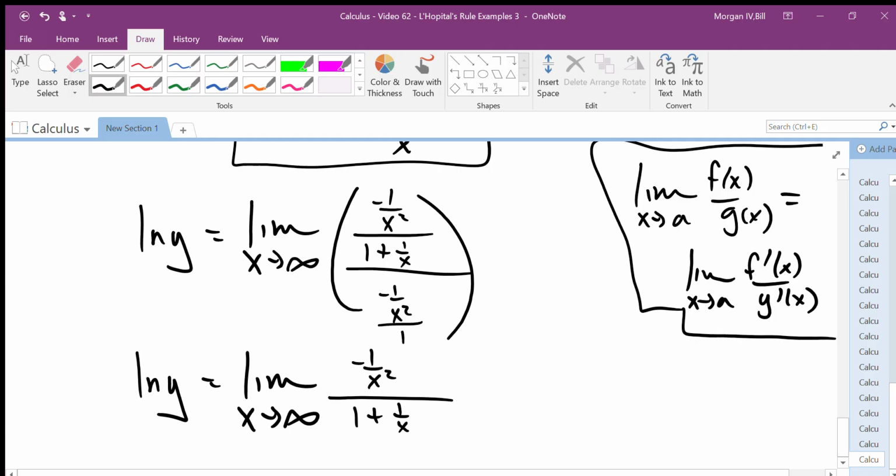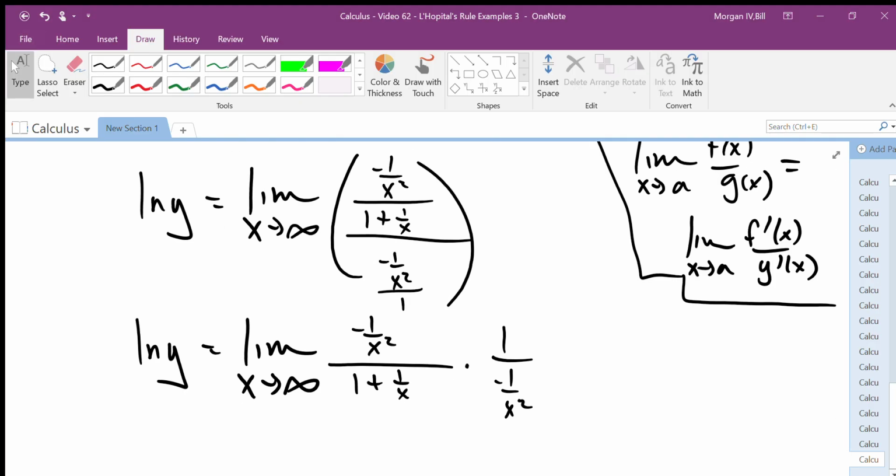Okay, so I'm dividing this fraction by this negative 1 over x squared over 1 fraction. So instead of dividing by negative 1 over x squared over 1, I'm going to multiply by 1 over negative 1 over x squared. Right, I'm basically reciprocating that part right there. And I did that because we can see that in the numerator I have negative 1 over x squared, in the denominator negative 1 over x squared, those cancel.